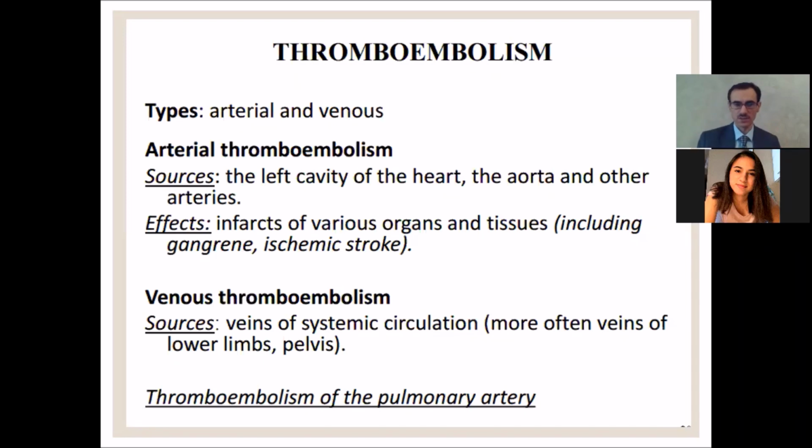It results in infarction of the various organs and tissues, such as gangrene and ischemic cerebral stroke. But in the venous thromboembolism, the thrombus comes from the systemic circulation. For example, the thromboembolism of the pulmonary artery is a very bad diagnosis.